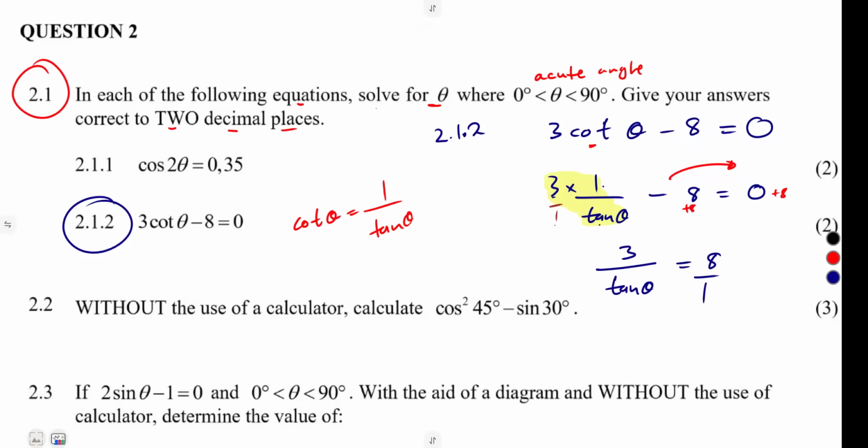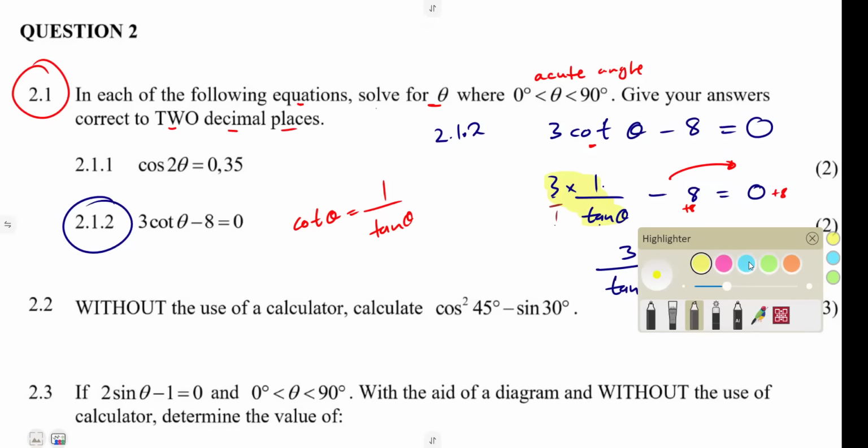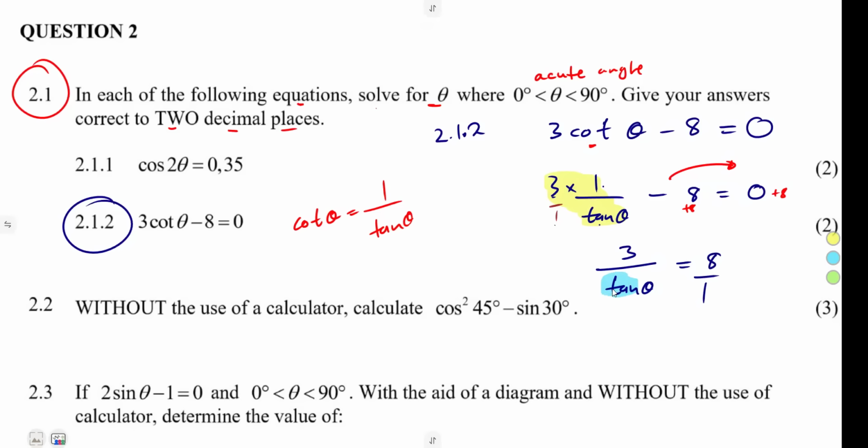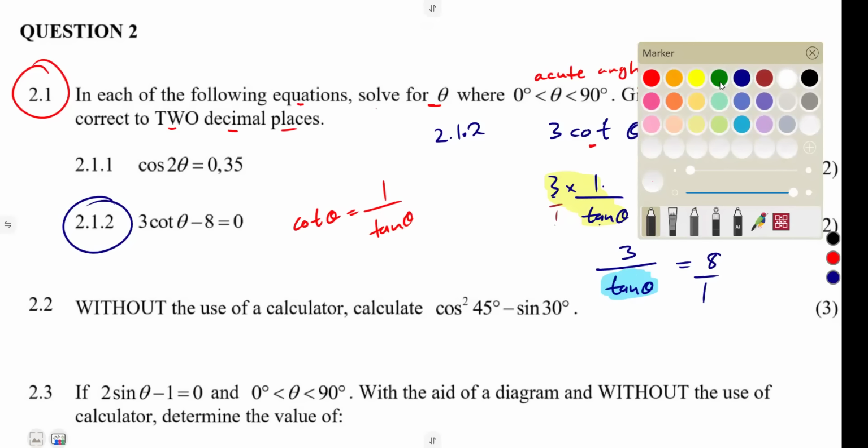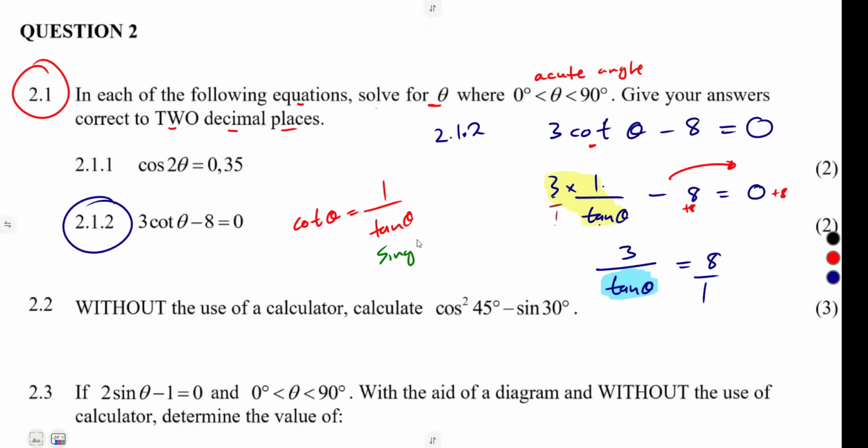What we need actually is to have a presentation for the tan of theta as a single trig. You must have a single trigonometry function, which is the tan of theta. So you have to solve for that, make it the subject of the formula.